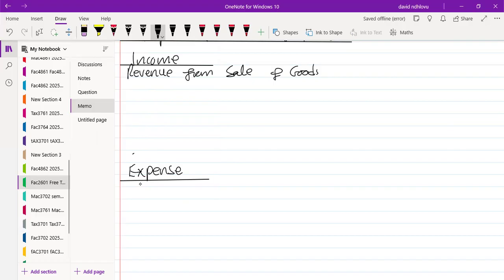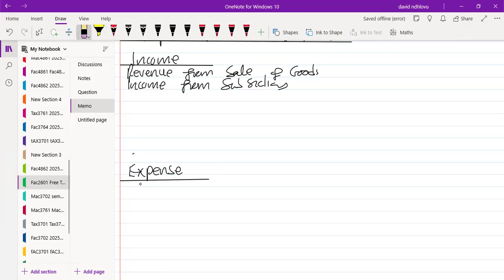But you always account for the revenue from the sale of goods. Then you have income from subsidiary. Right, I will explain this. Right, then you have income from other investments. Right, I'll jump a bit of space there.